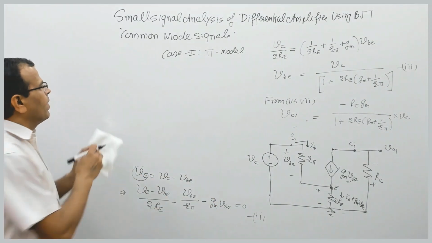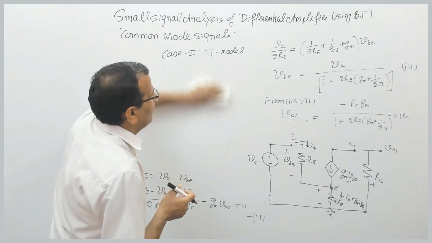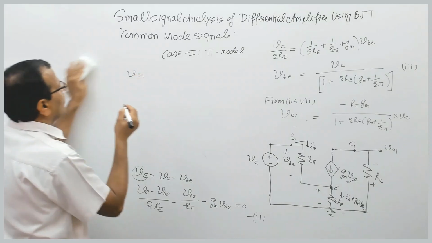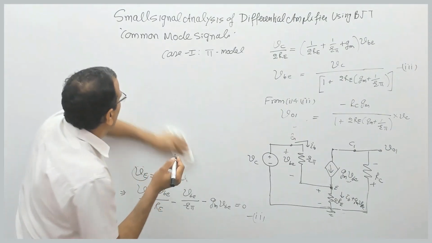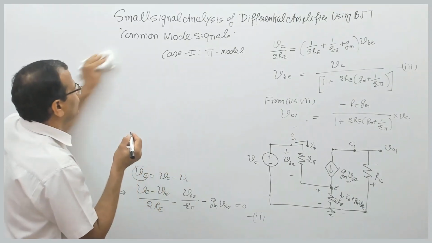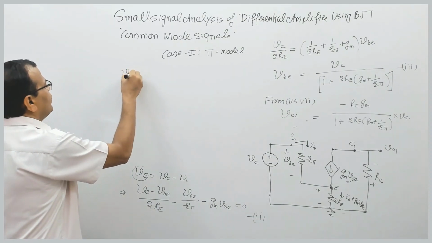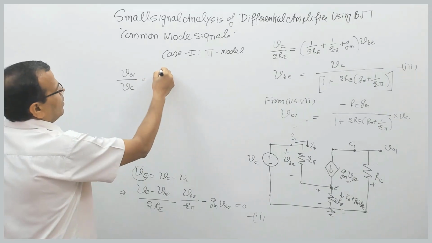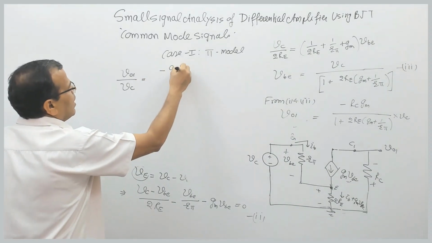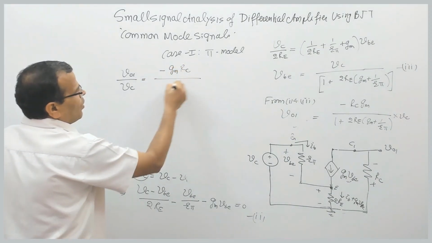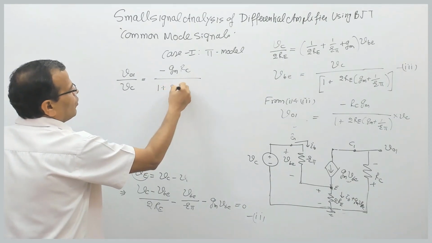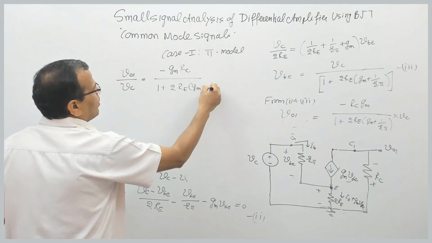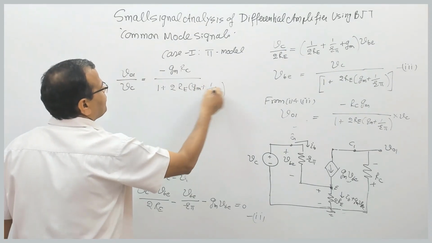That is, the ratio of V01 to the common mode input VC is equal to minus GM RC upon 1 plus twice RE into GM plus 1 by R pi.